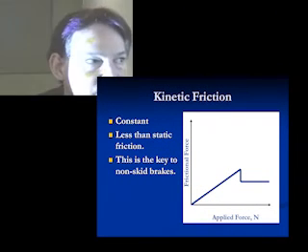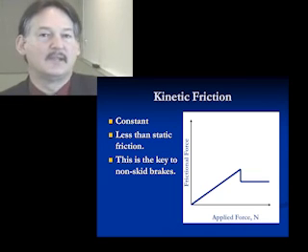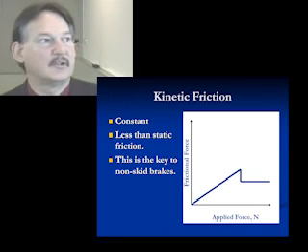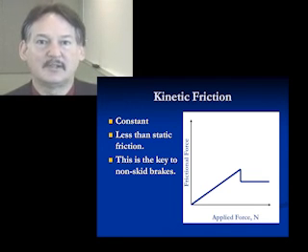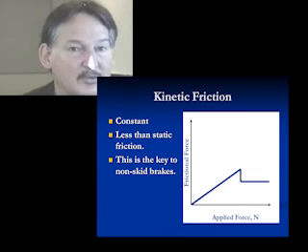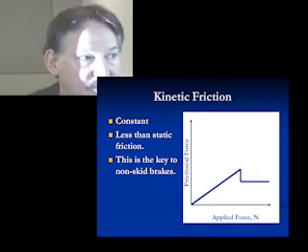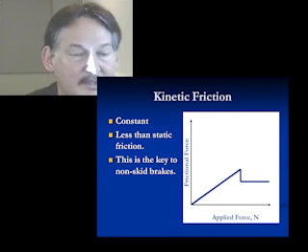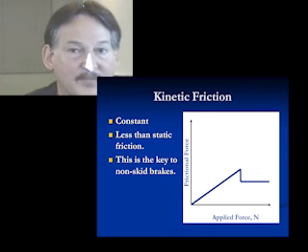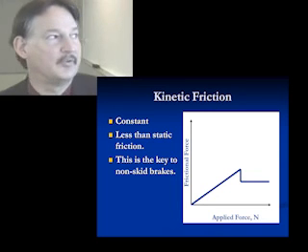We reached a maximum point at which the object would now begin to move, and notice that the force of friction has dropped to a value lower than the maximum force in the static case, dropped down to here, which is less frictional force, and that value is now constant. So we have different coefficients, the static coefficient representing this higher value and the kinetic coefficient representing this lower value.